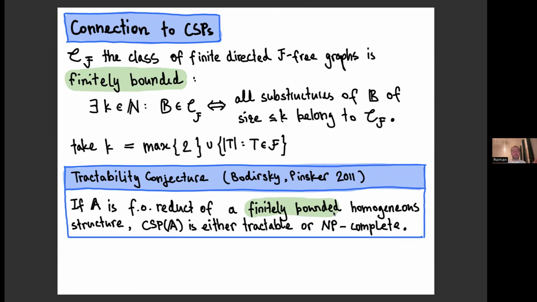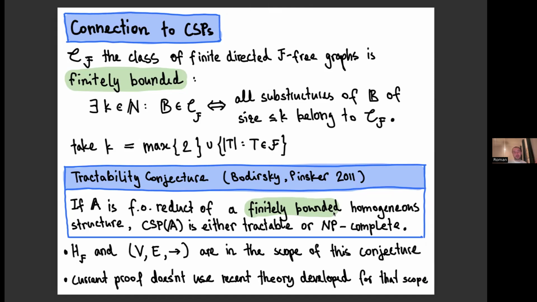So if A is such a first order reduct, then the constraint satisfaction problem of A is either tractable, so solvable in polynomial time, or NP complete. We just checked that the class CF is finitely bounded, so the directed graph DF classifies as finitely bounded.